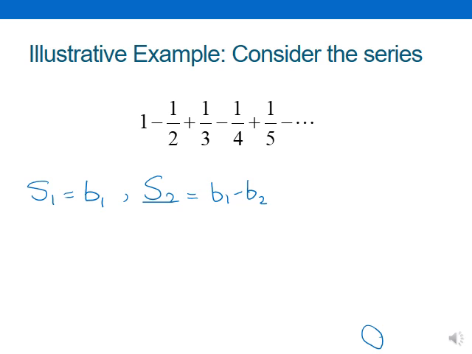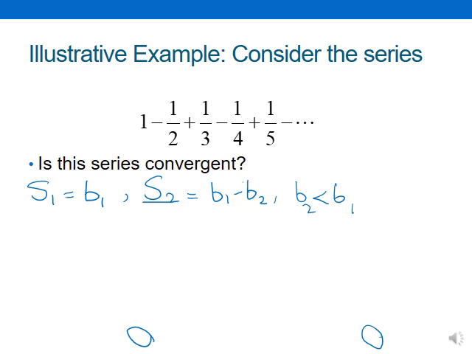I'm going to subtract a value that is less, b2 is less than b1, so S2 as a partial sum will be less than S1, and so on. For S3, I'm going to add b3, and I'll arrive at S3, which will be less than S1 but greater than S2, and so on, with my partial sums oscillating and converging towards the sum S.